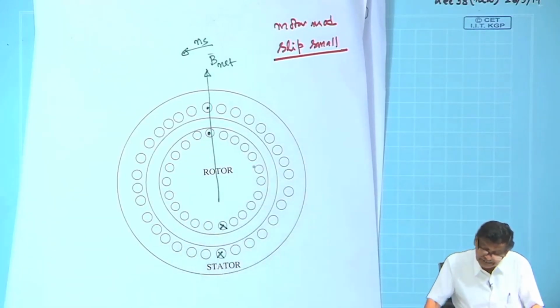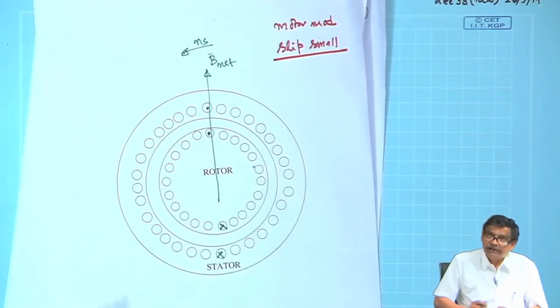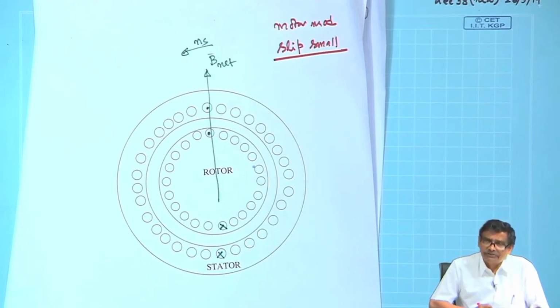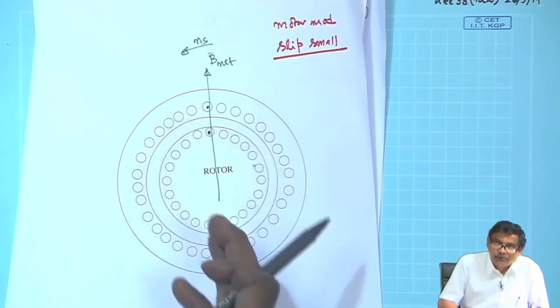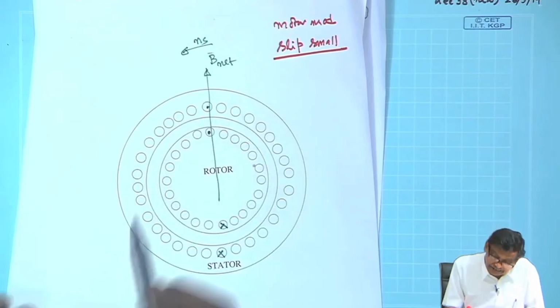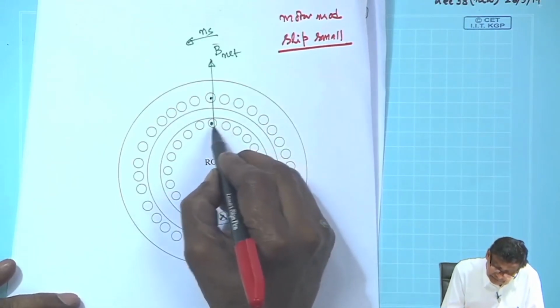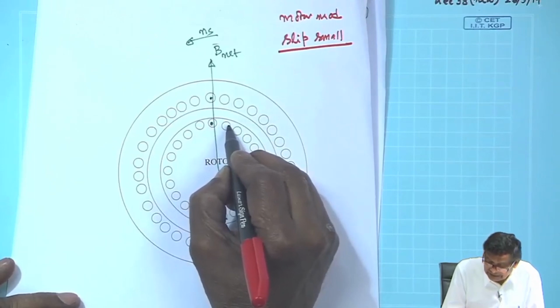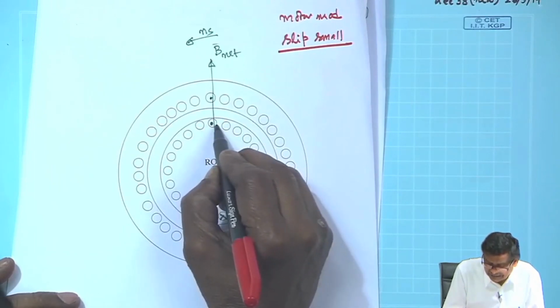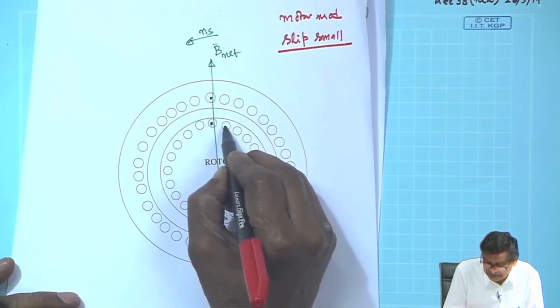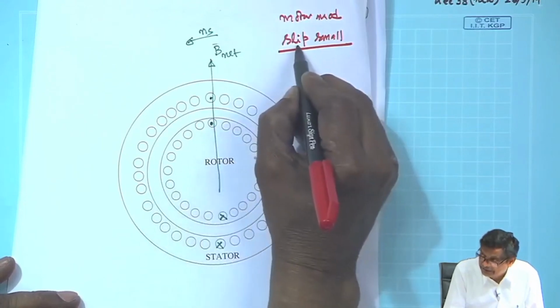But in that case, you know, the rotor, if slip is small, magnitude of the rotor induced voltage is small, and whatever current it will cause, it will be almost in phase with the voltage. In that case, what will happen? A conductor on the right already has seen maximum voltage a little away from this, depending upon exact magnitude of the slip.